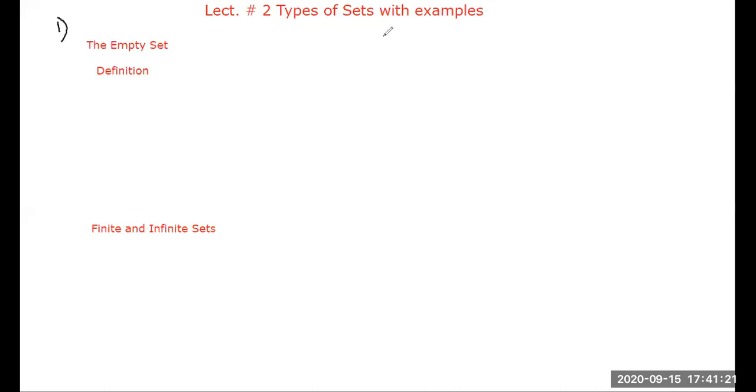Let us define a set in set builder form. Set A is the set of all y such that y plus 2 is equal to 0 and y is an irrational number.